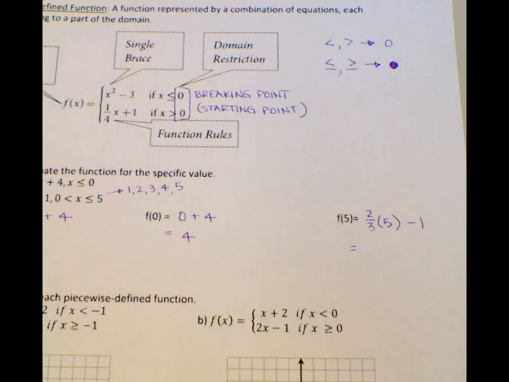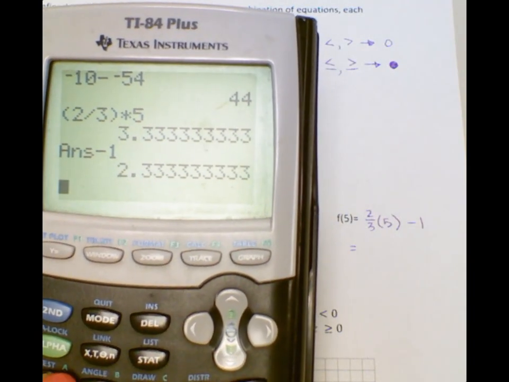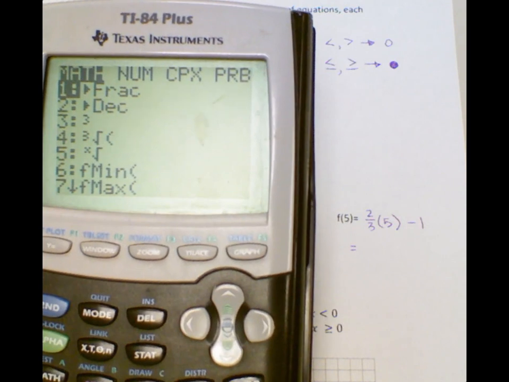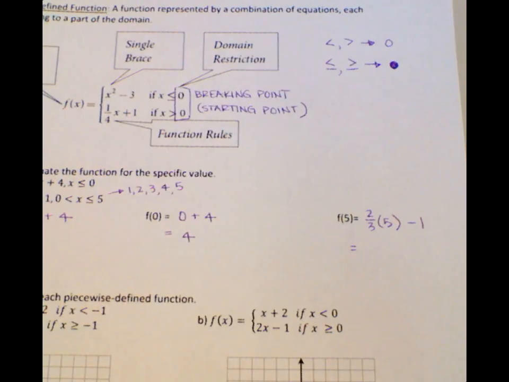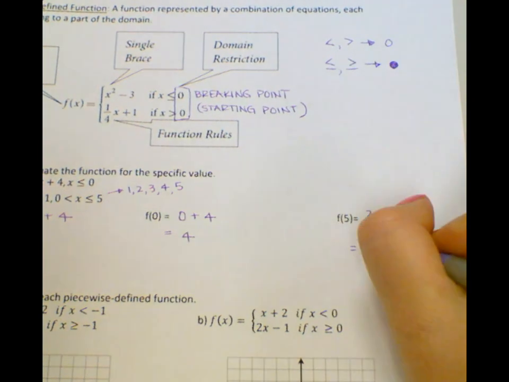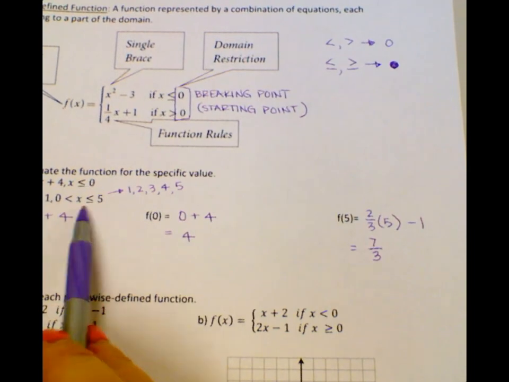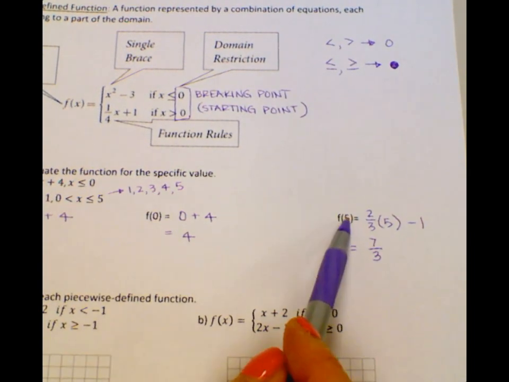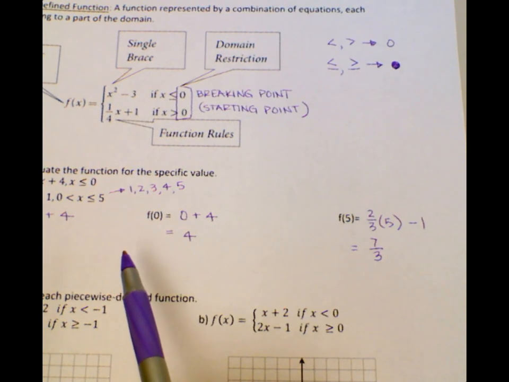So 2/3 times 5 minus 1. Now your calculator does this. Ooh, so ugly. So I'm going to push math and then frac. 7/3 is your answer. Okay, so again, when you evaluate, you look at the restrictions to see where that x falls in the domain, and then that is the equation that you plug it in at.